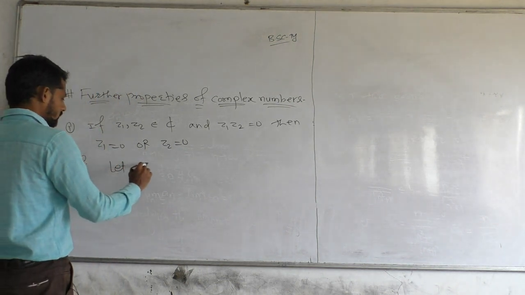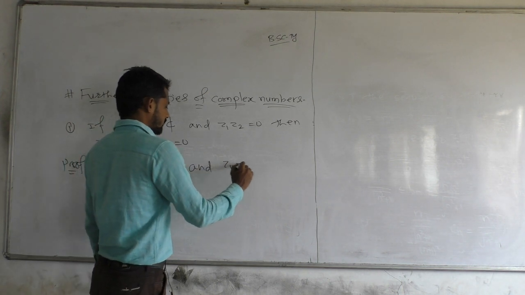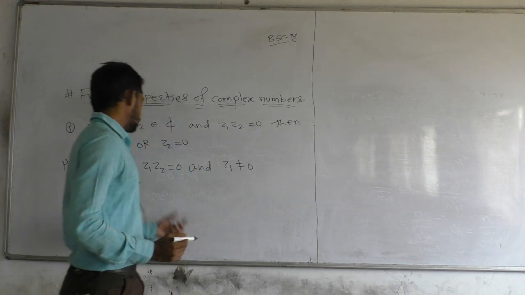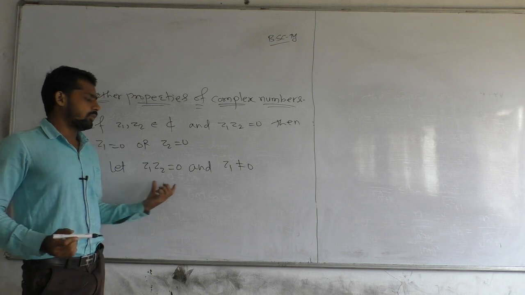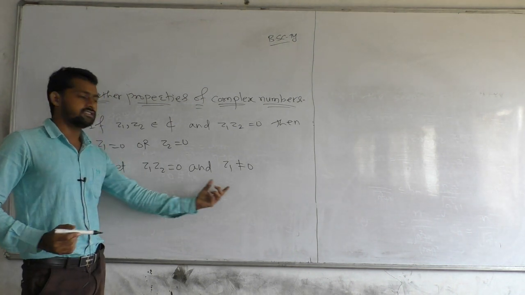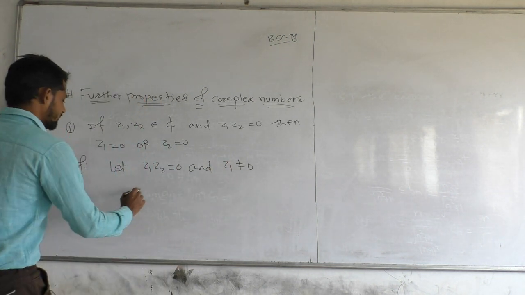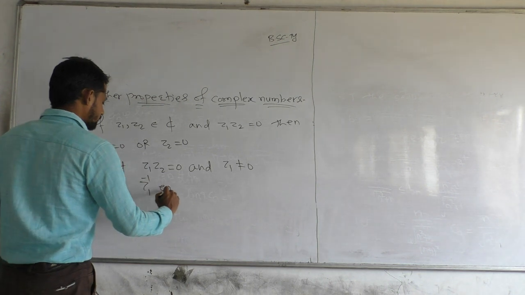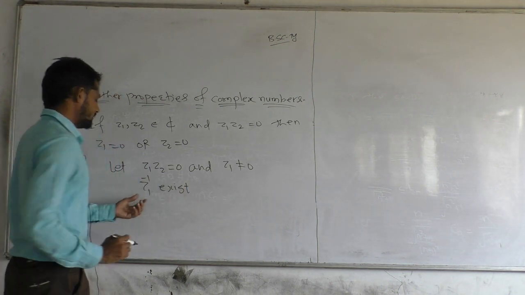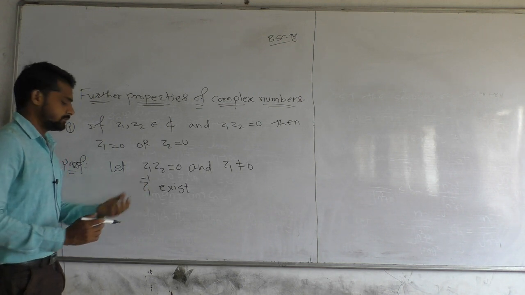Let Z1 into Z2 is equal to 0 and Z1 is not equal to 0. Now consider the product of two complex numbers is 0 and the first term of the product is not equal to 0. If Z1 is not equal to 0, then Z1 inverse exists. So multiply Z1 inverse to this product.